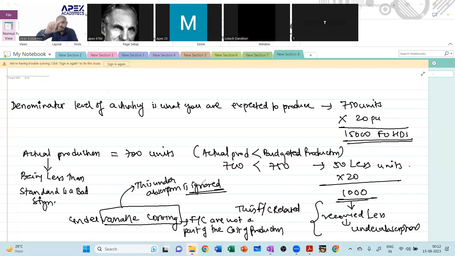But if this was absorption costing, this would not be ignored. This is under absorption. This is ignored under variable costing. But if this was absorption costing, I would not ignore it. Do you understand what I just wrote? Because variable costing does not consider fixed overheads to be a part of the cost of production. That is why I'm ignoring this. But if this was absorption costing, you will have seen that 1000 will be added to the cost.